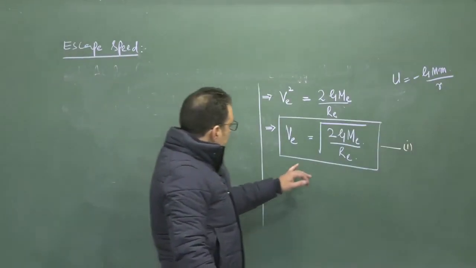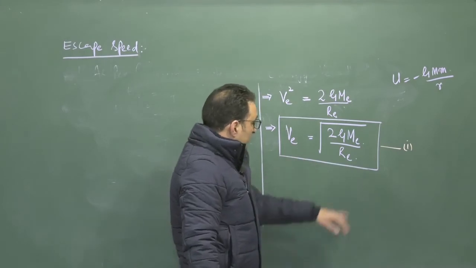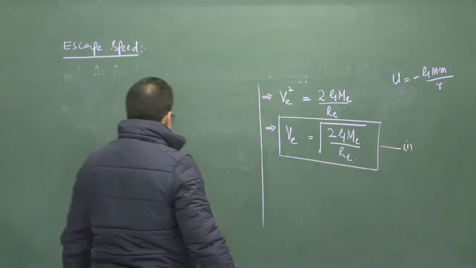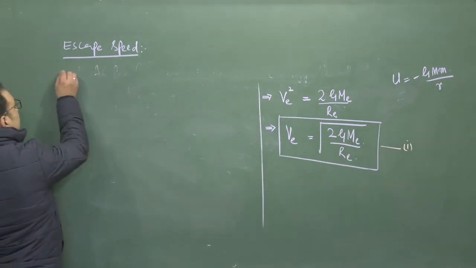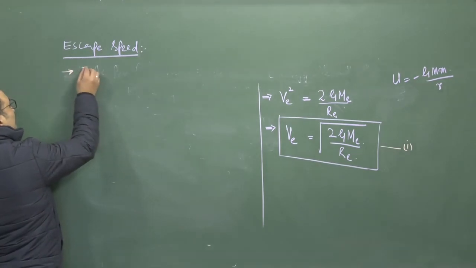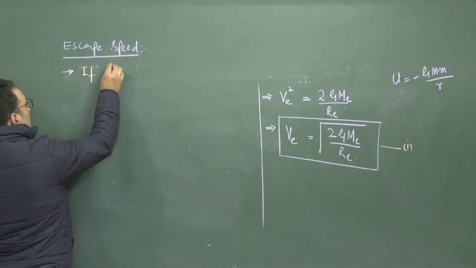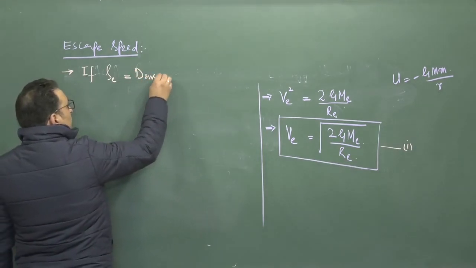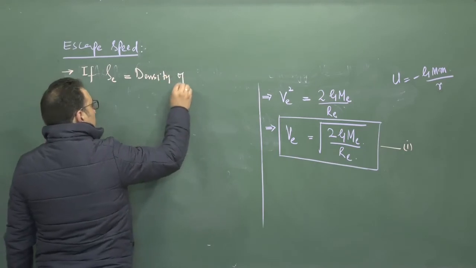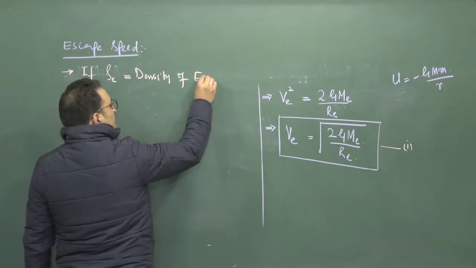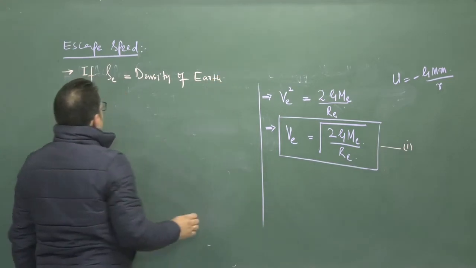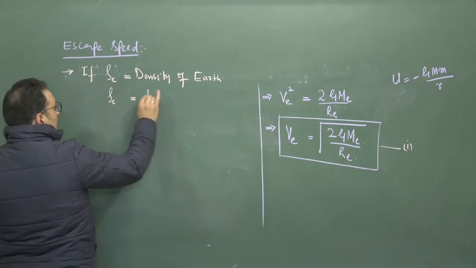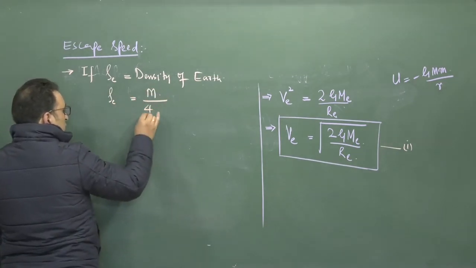Now, this is the expression for escape speed in terms of the mass and the radius, meaning size. If rho_e equals the density of Earth, then I can write density as mass per unit volume.